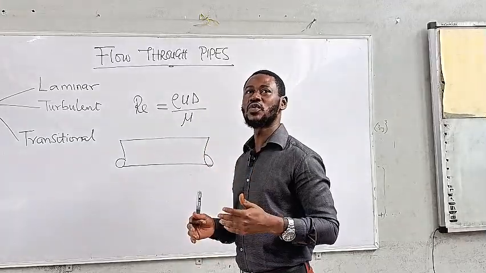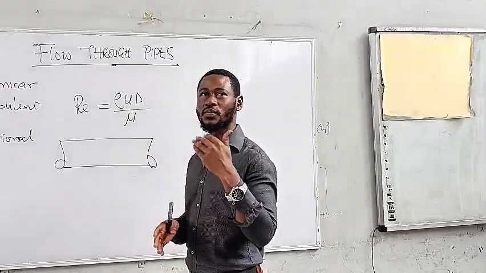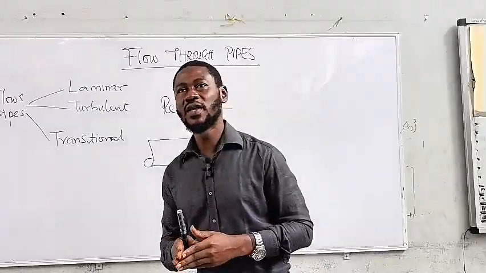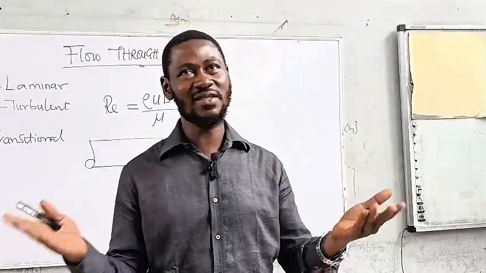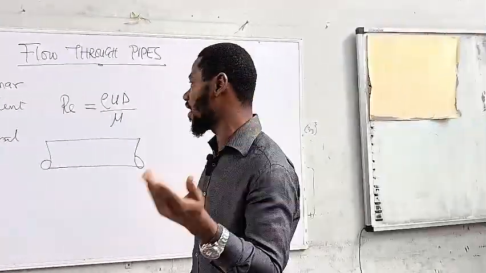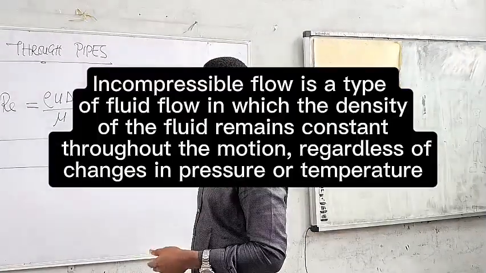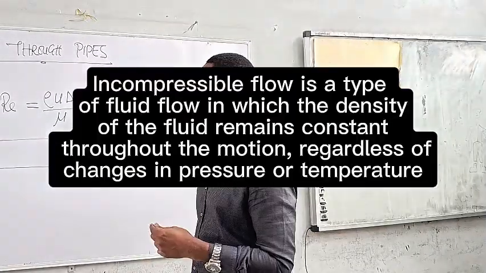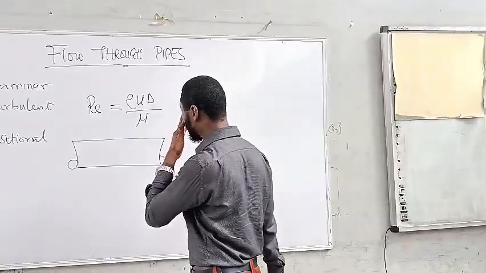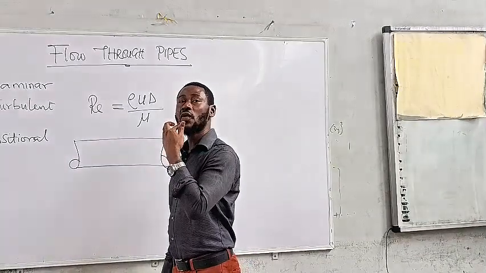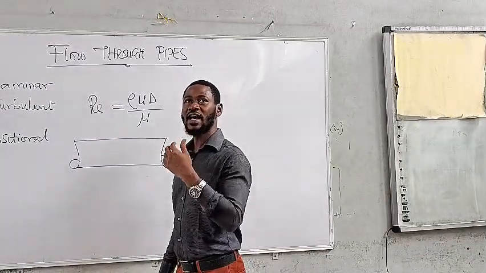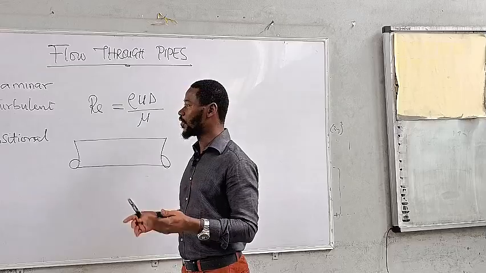A typical example is the flow that occurs in gases or air. Incompressible flow is a type of flow in which the density does not change. A typical example is water. Water is an incompressible fluid.